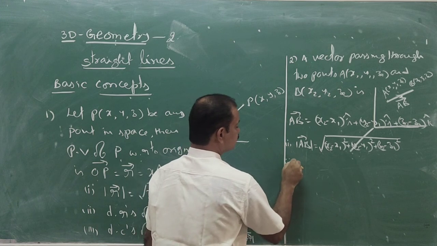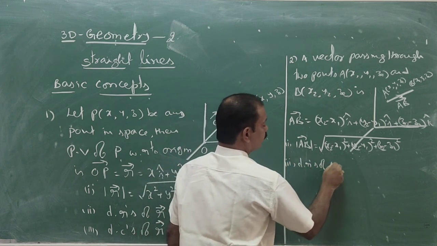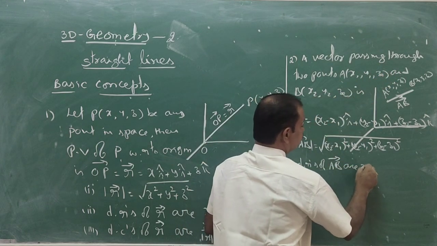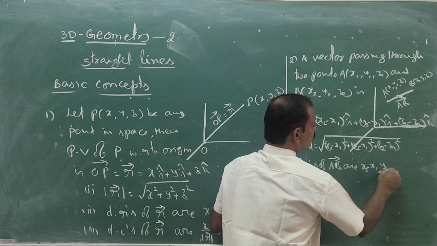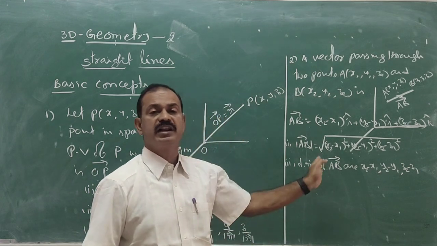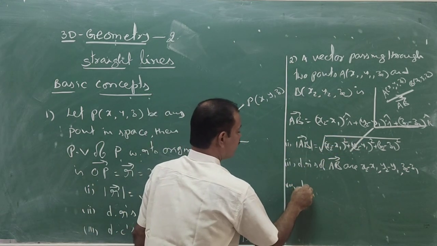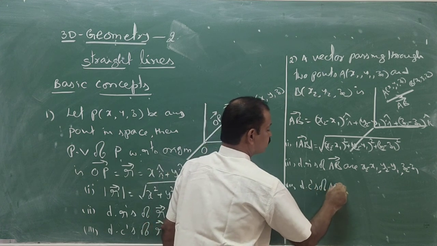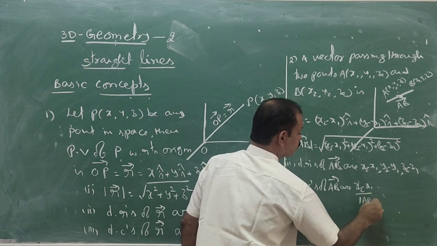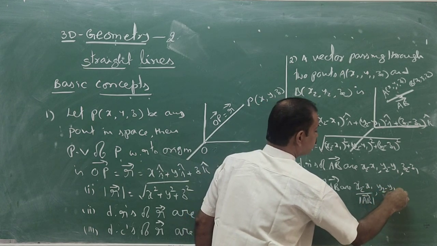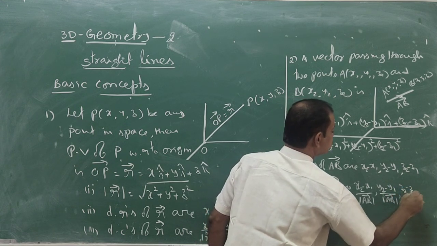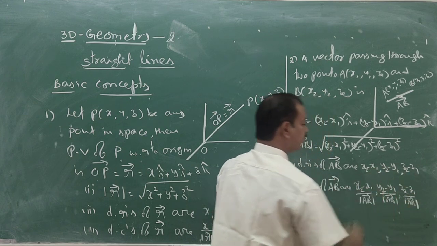The direction ratios of vector AB or line AB are x2 minus x1 comma y2 minus y1 comma z2 minus z1. The direction cosines of AB are x2 minus x1 by magnitude of AB, y2 minus y1 by magnitude of AB, and z2 minus z1 by magnitude of AB.